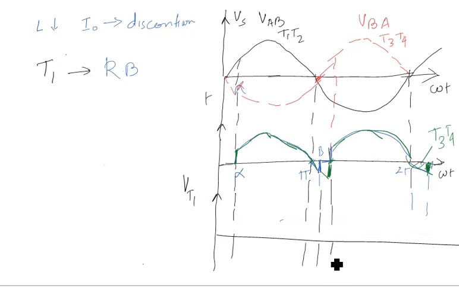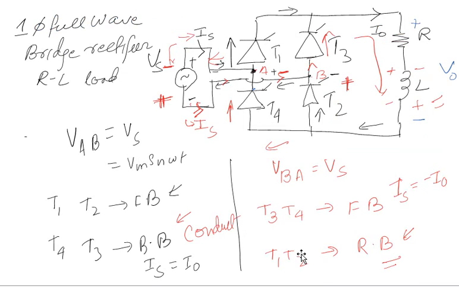I have already told you that during the positive cycle, when your VAB is positive, the source current is equal to the load current, but when VBA is there, the source current is of reverse condition, that is, negative of the load current.